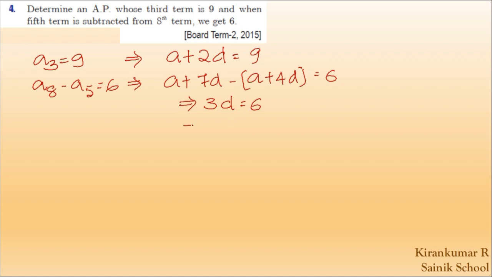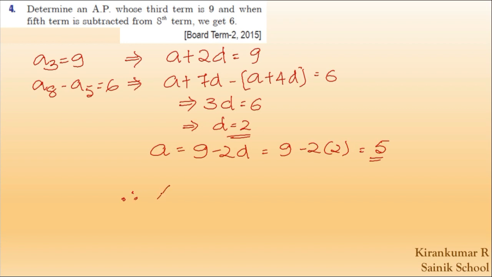This implies d value is positive 2. Now find the first term. a will be equal to 9 minus 2 times d, so 9 minus 2 times 2, which will be 9 minus 4, nothing but 5. Therefore, the arithmetic progression is 5, 7, 9, 11 and so on.